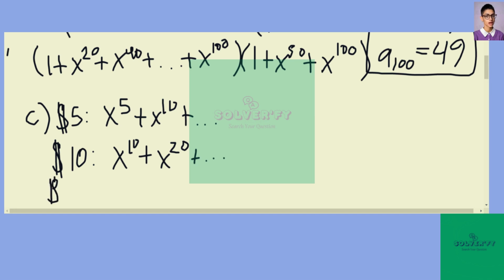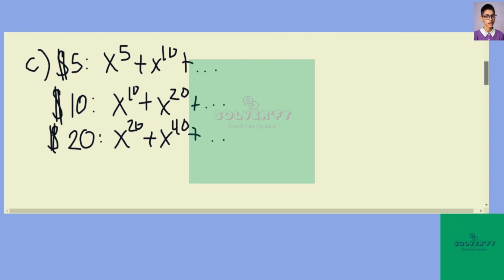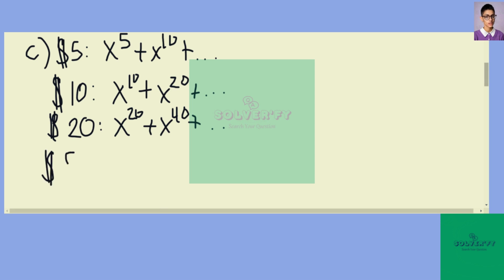The new generating function for $20 bills is x to the 20th plus x to the 40th, and so on. And the new generating function for $50 bills is going to be x to the 50th plus x to the 100th, and so on.